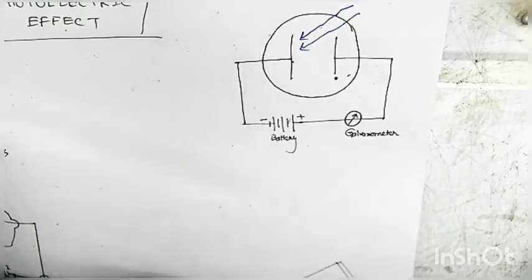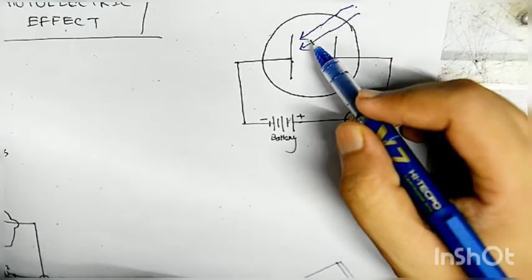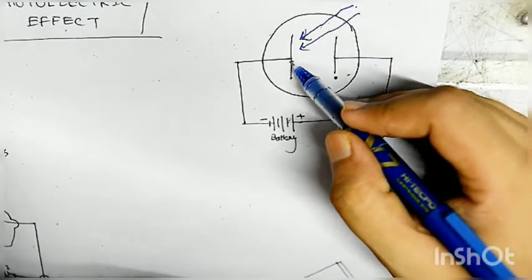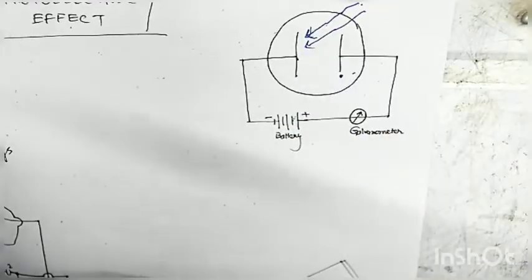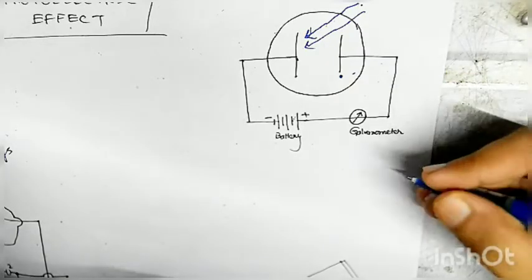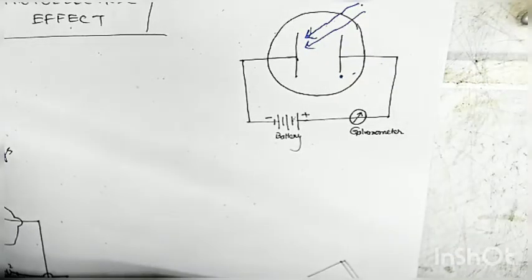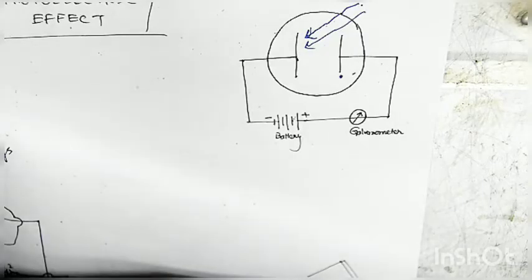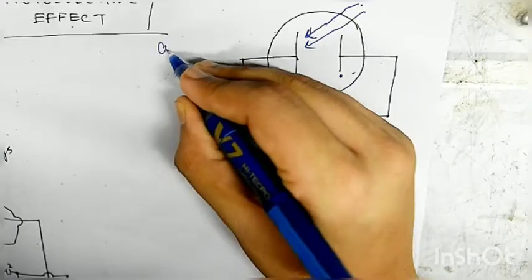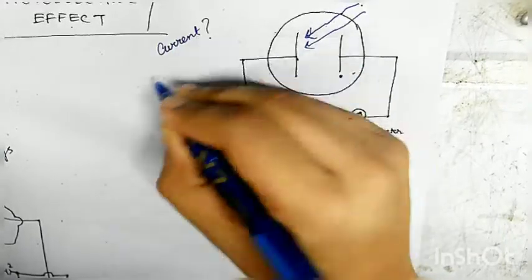If we allow ultraviolet rays to fall on the negatively charged plate, we find that the galvanometer connected with the circuit shows some amount of current flow. Now the question appears: how is this happening, and where is this current coming from?